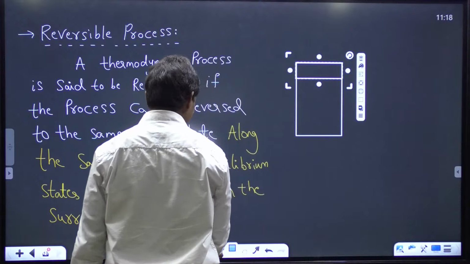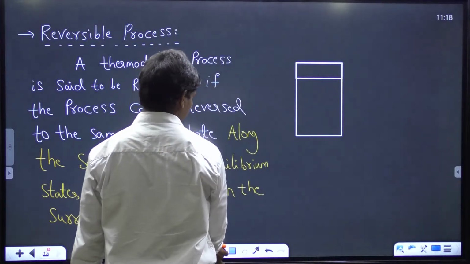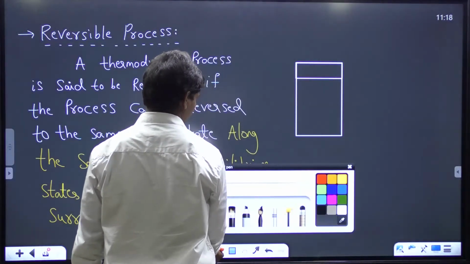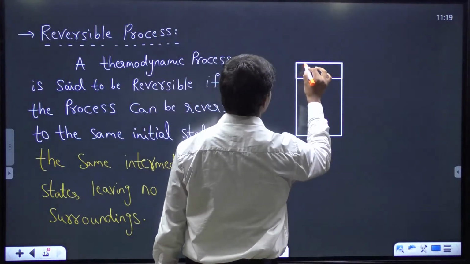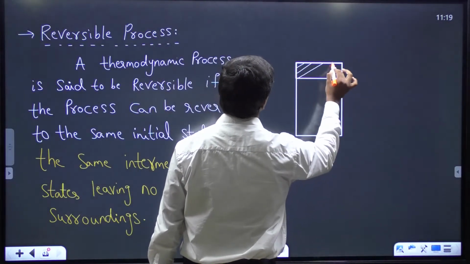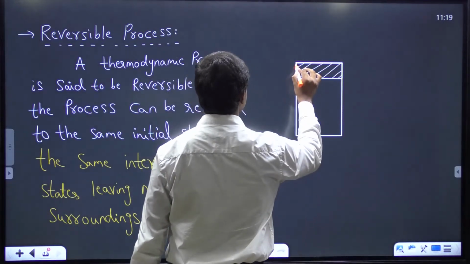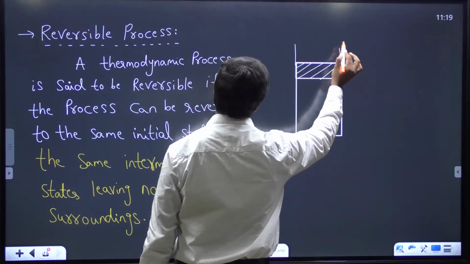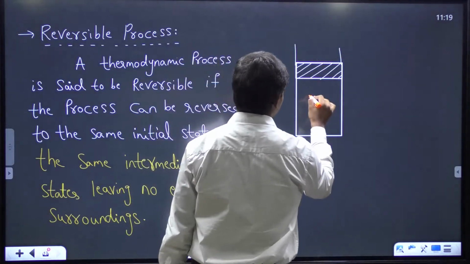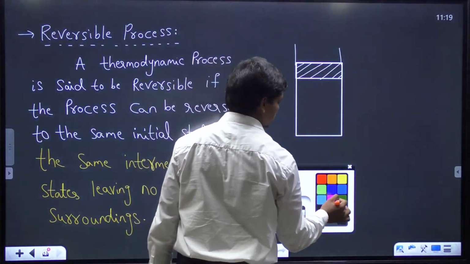Okay, so let us suppose this is a piston, which is tightly fitted into this cylinder. Okay, so see here. Now let us suppose there is some gas inside this.